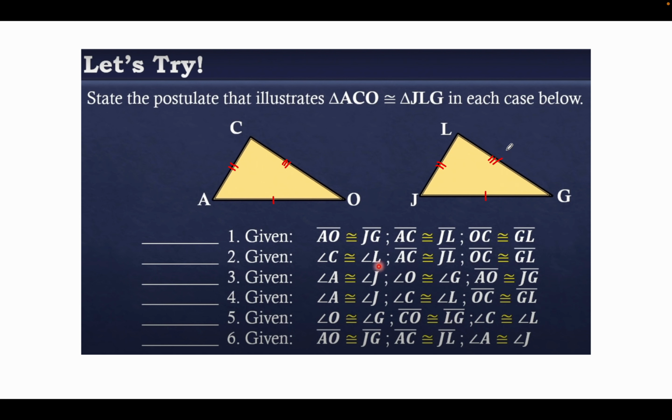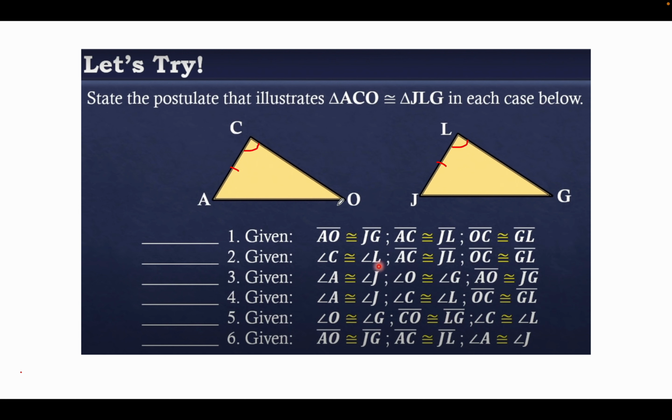How about the others? Do you agree? Yes, sir. Yes po. Let's have number 2. We have angle C is congruent to angle L here. Then line segment AC or side AC is congruent to line segment JL.